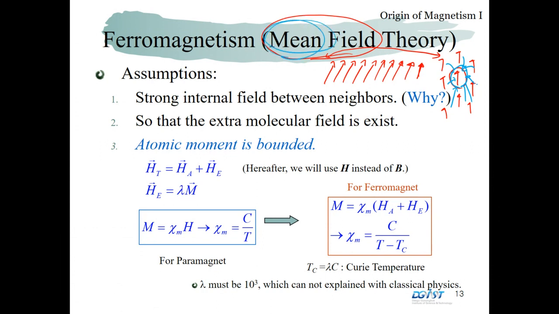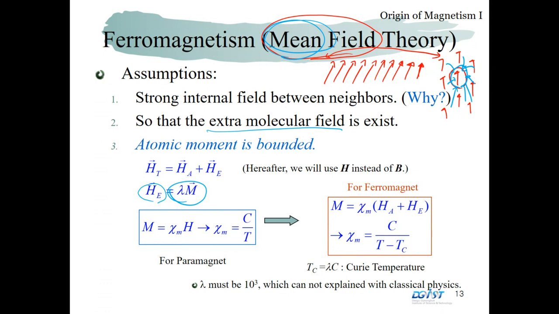So the field generated from all other atoms can be simply expressed by this form. It is proportional to the magnetic moment itself, and as a result, it generates some kind of extra field. That's called the molecular field, or atomic field, or eventually the exchange field.